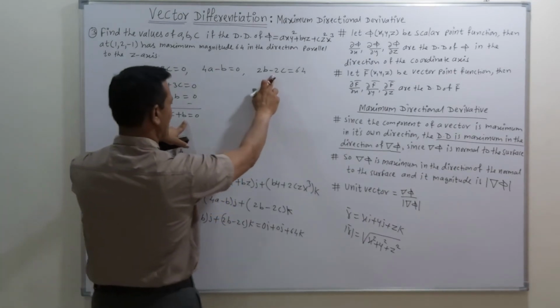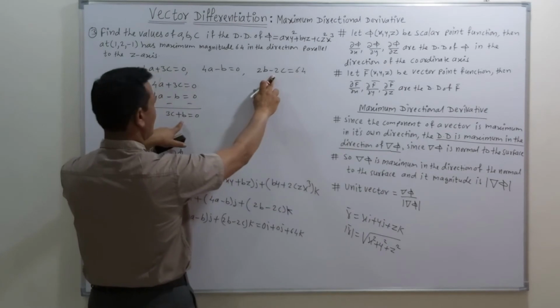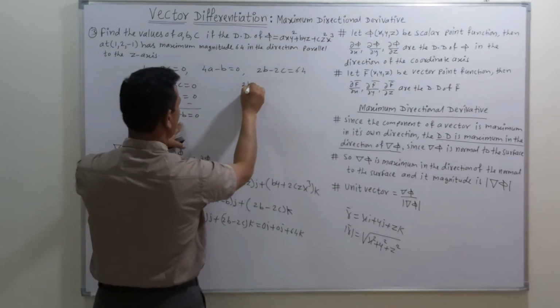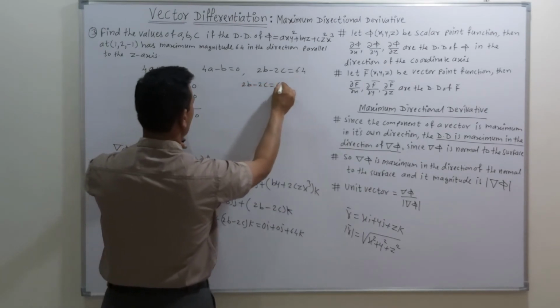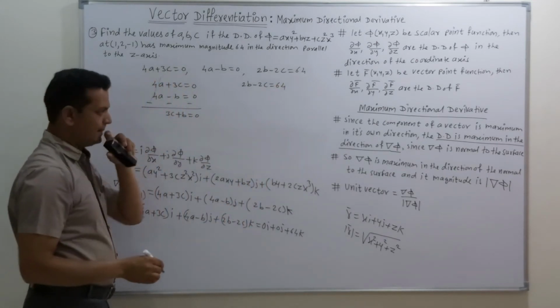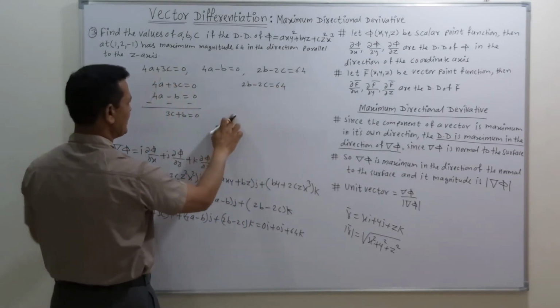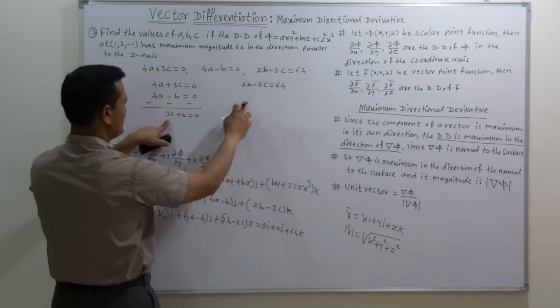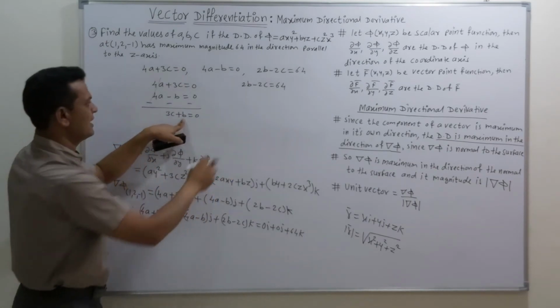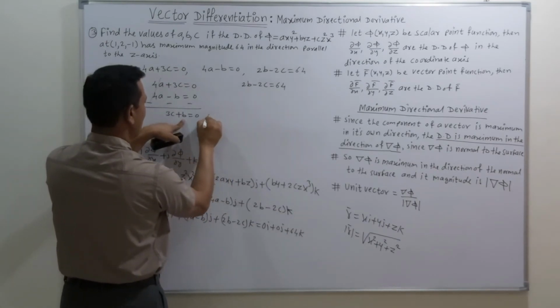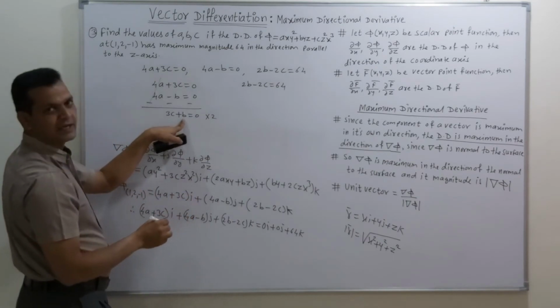So if we take this equation with the equation 2b minus 2c is equal to 64, then here the b and c coefficients are there. To cancel one coefficient, suppose b: here b is there, and this is 2b.